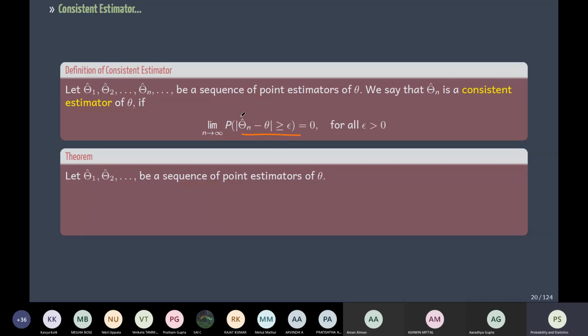So as n tends to infinity, theta hat is getting closer to the quantity that I want to estimate. Remember, theta, small theta, could be anything that I want to estimate. So far we have set it to be the expectation of the random variable x, but it could be any quantity of interest. Okay, so let theta hat 1 to theta hat n be a sequence of point estimators for theta.